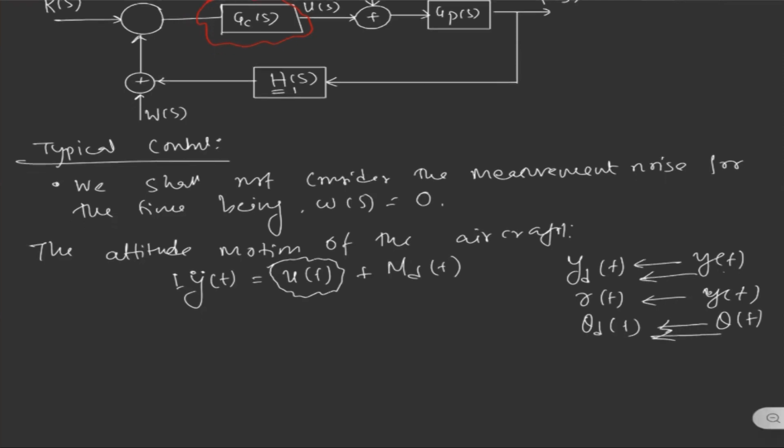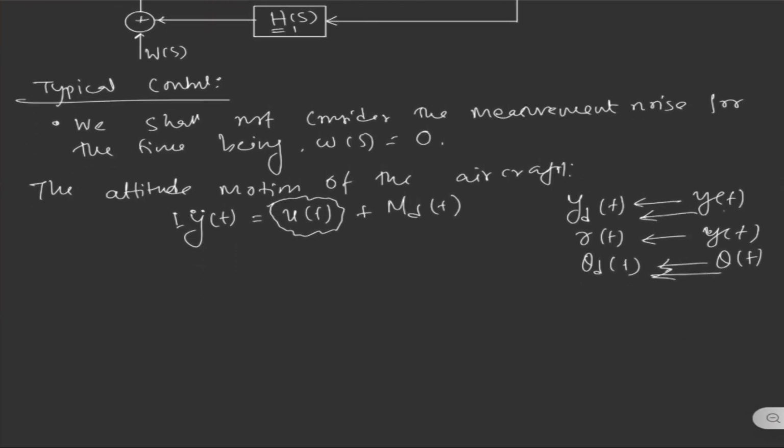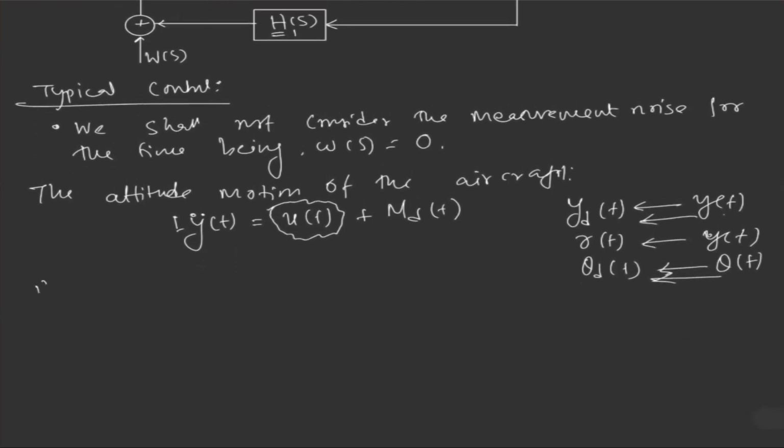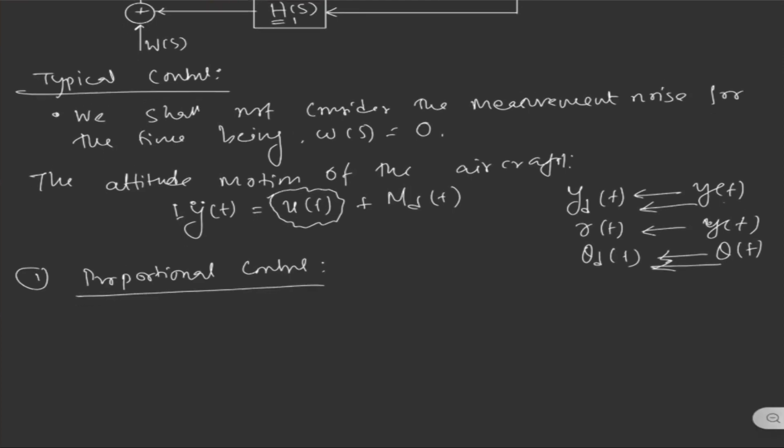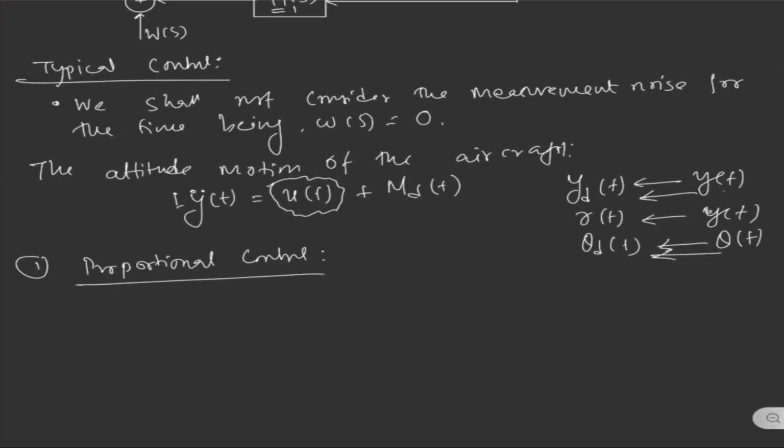So first, let's consider the proportional control. In proportional control, basically, it is just the scaling of the error signal.